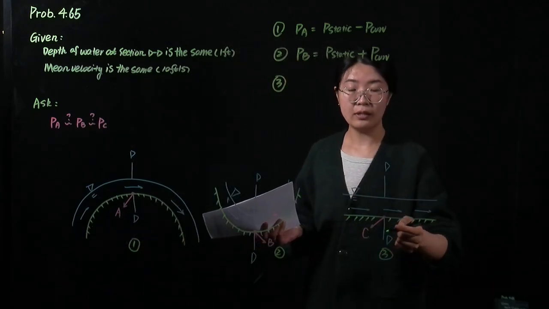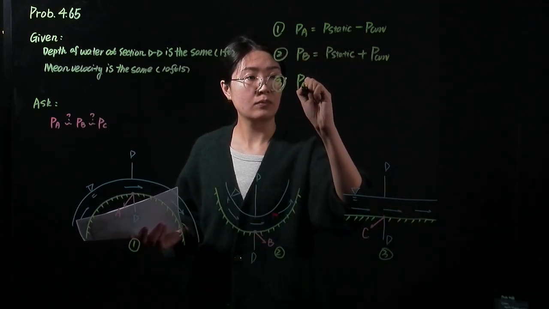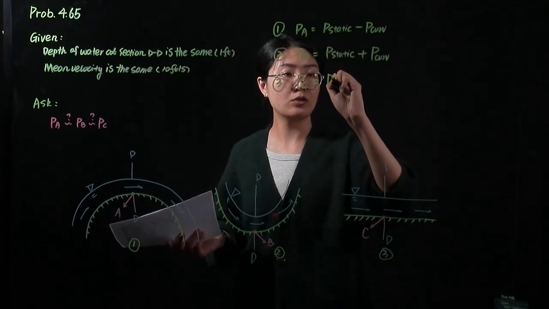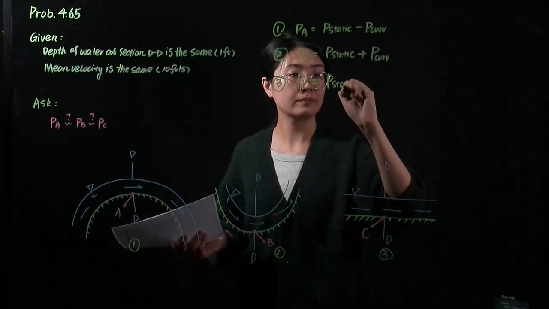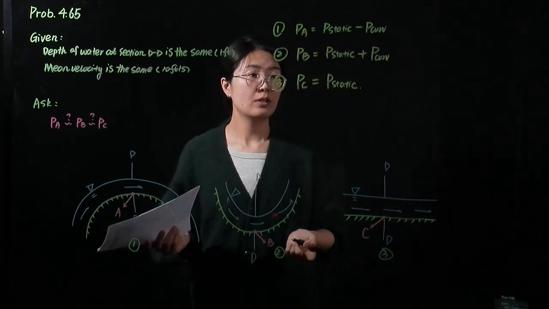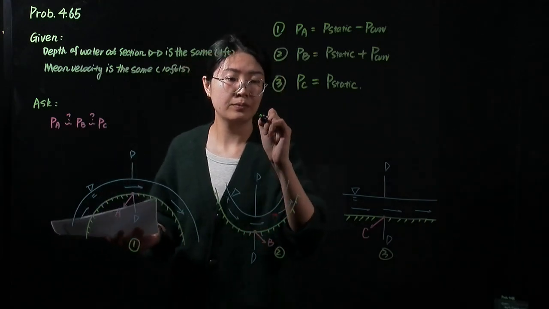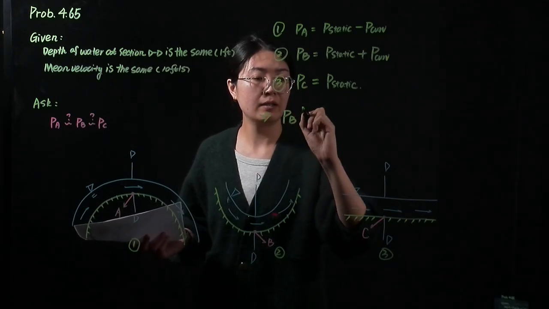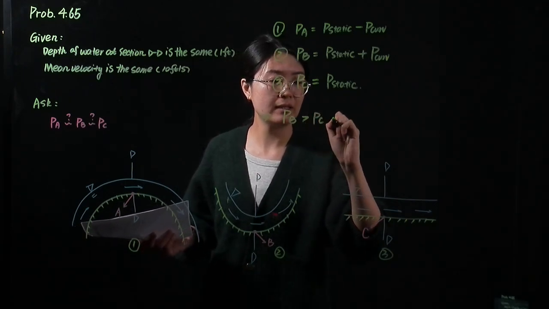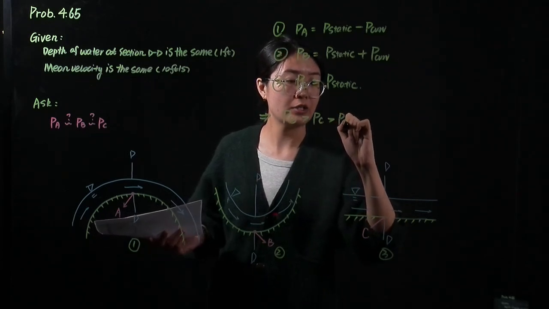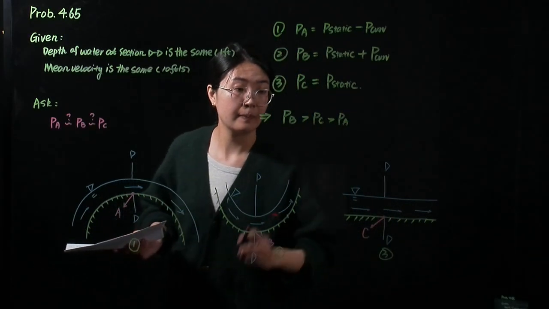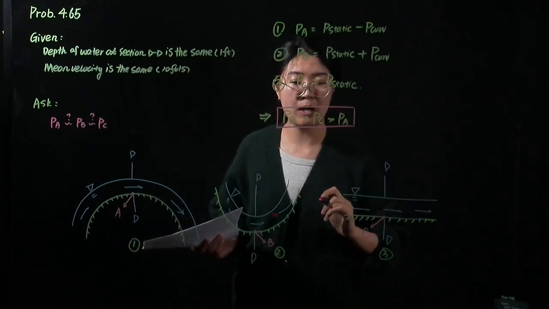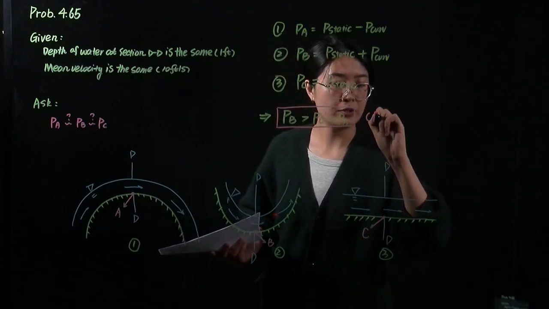In the last scenario, there is no curvature, so the pressure at point C equals the static pressure. Based on these three equations, the pressure at point B is larger than the pressure at point C, which is larger than the pressure at point A. So in this problem, we should choose option B.